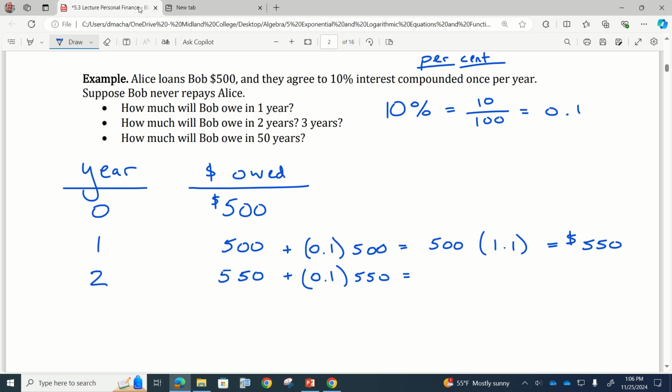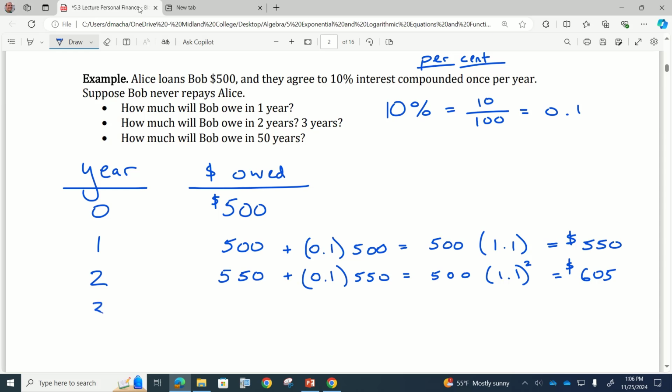In other words, factor out the $550: 550 times 1 plus 0.1, so 550 times 1.1. But 550 was just 500 times 1.1, and so this is actually the same thing as 500 times 1.1 times 1.1. And in any case, this is going to be 550 plus 55, that's $605.